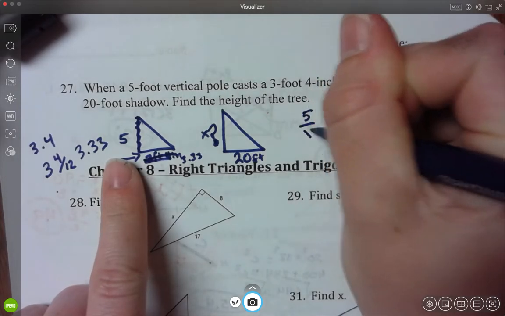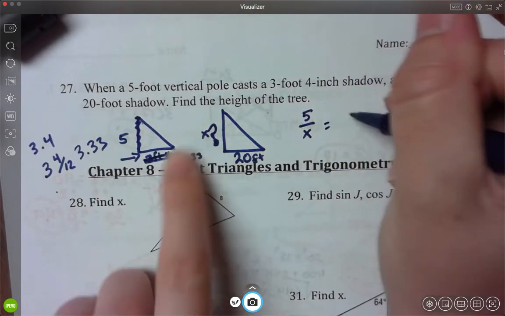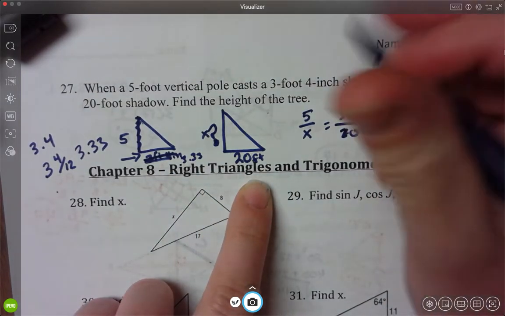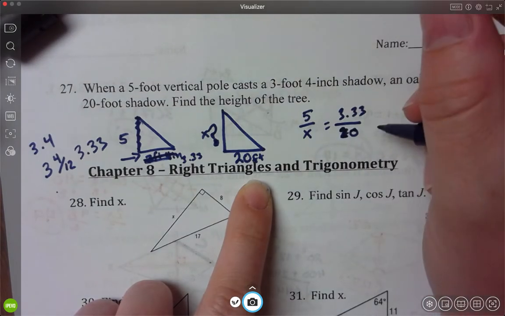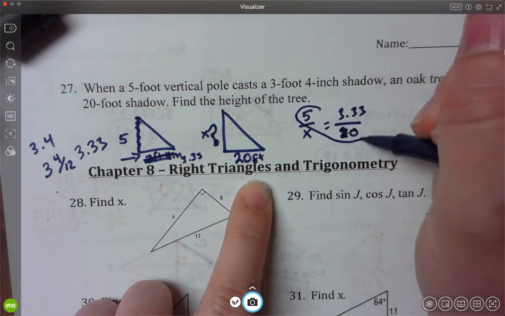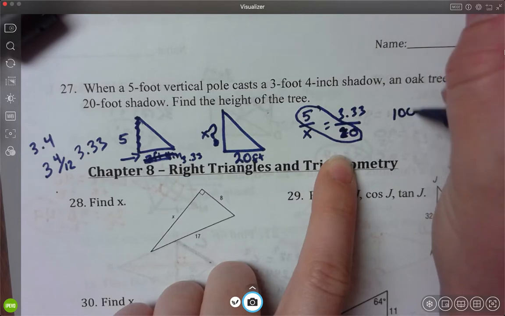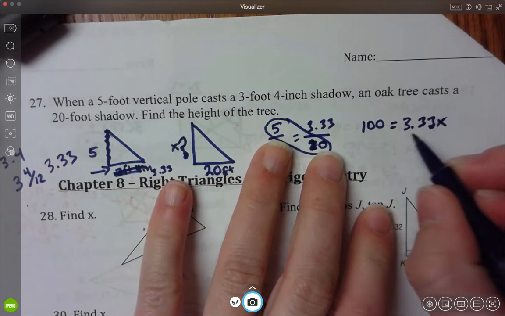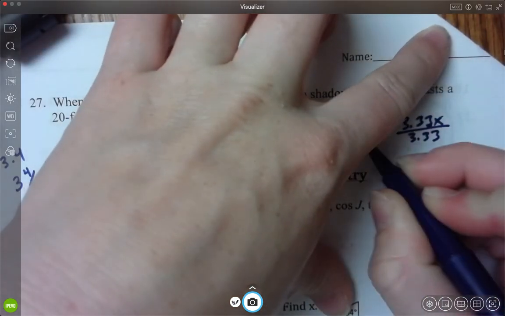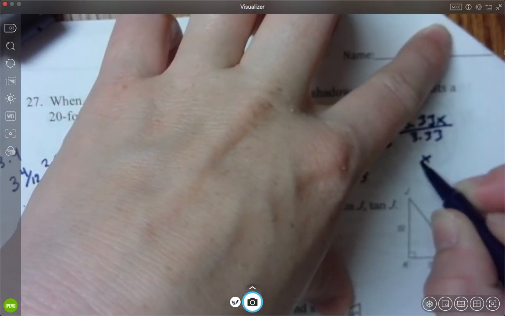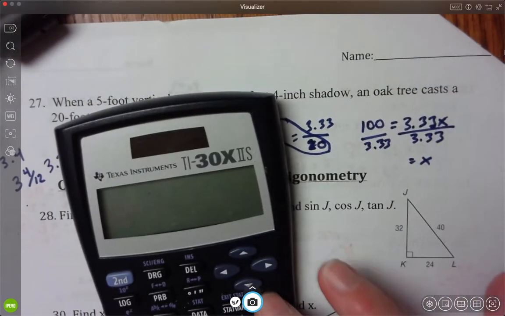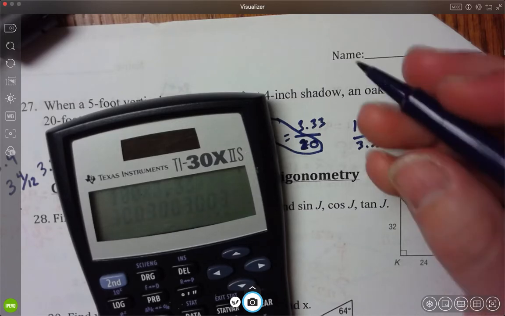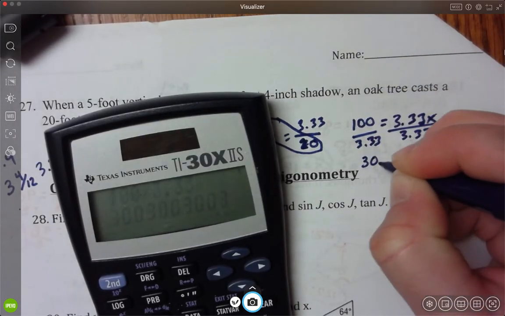Okay. So now we can do our proportions. So you could set this up a different way. I'm going to do 5 over x equals 3.33 over 20. Okay. And 3.33 is a rounded number, so we're going to get something that's even further rounded, but it'll be all right. 5 times 20 is 100. 3.33 times x, and then we have to divide by 3.33 and 3.33. x is going to be 100 divided by 3.33, and it is 30.03.